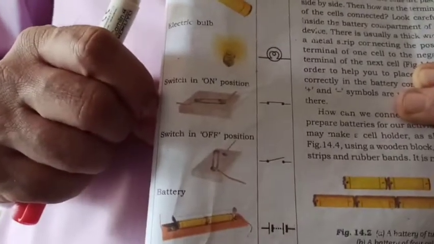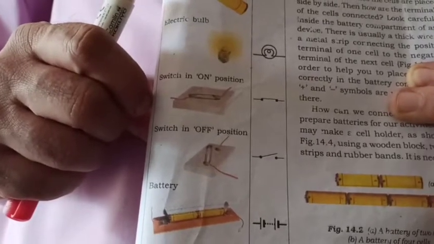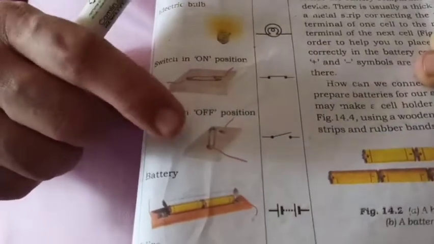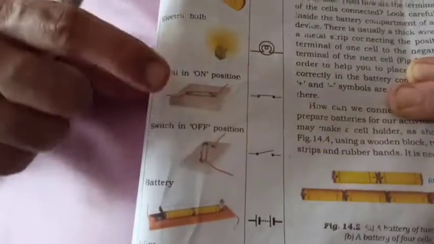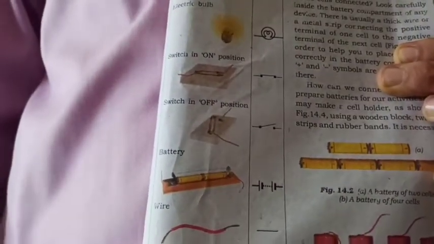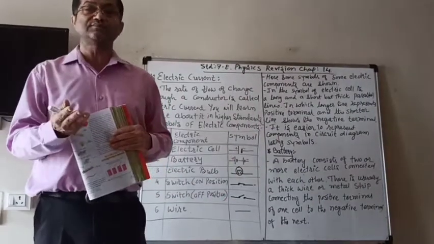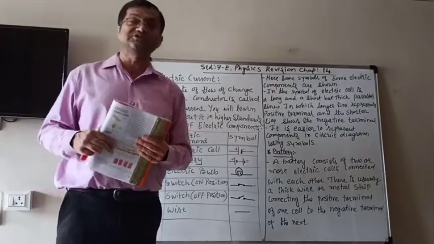If the pin is connected, then it is in the on position. If the pin is not connected, then it is in the off position. You can see that here it is connected, here it is a little apart, which is not connected. So there are switches which are in the on position, or they can be in the off position.